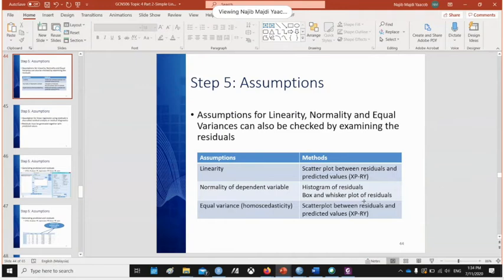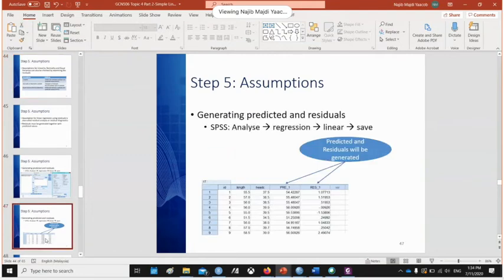So here you need to plot three things: one is XPYR, a histogram of residual, and also a box and whisker plot of residual.